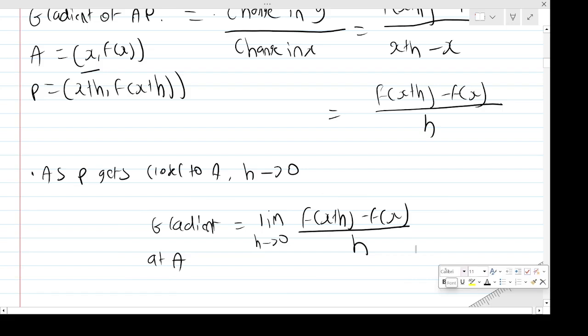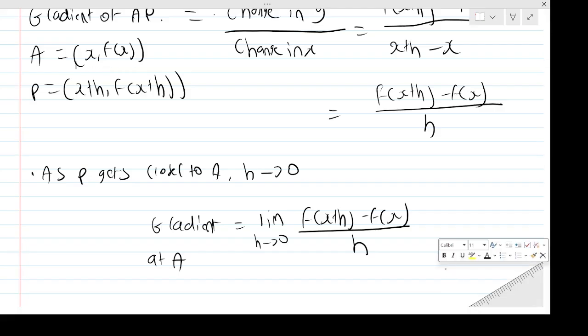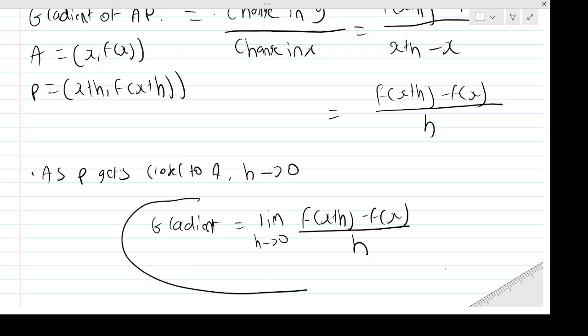But again, I didn't really specify any particular value of x. So really, A could be absolutely anywhere. I could pick x is 1, x is 2, x is 3. No matter where on my curve, A could be anywhere because I haven't specified exactly what value of x I've chosen for A. It could be any value of x. So actually, this is the general expression for the gradient at any point on a curve f of x.